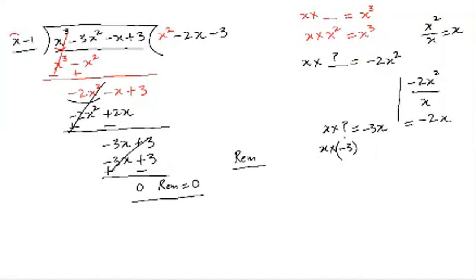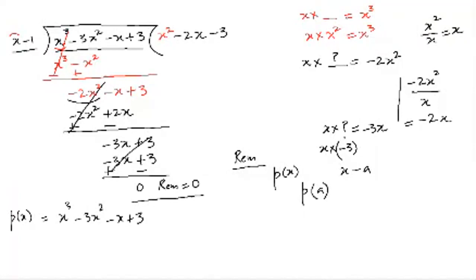The remainder theorem says if p of x is divided by x minus a, the remainder should be p of a. In the polynomial, simply put the value of a. Now you see this polynomial p of x was equal to x cube minus 3x square minus x plus 3, and we were dividing it by x minus 1.